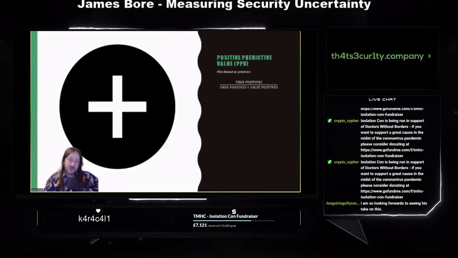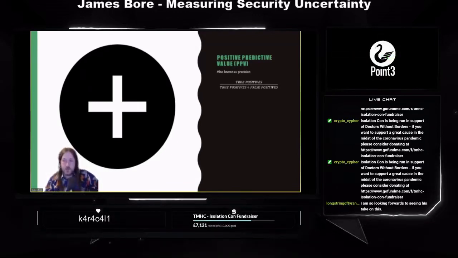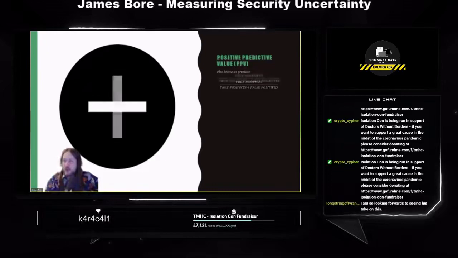However, if you had a system which had a perfect negative predictive value, so NPV of 1, you would be able to say that anything the system does not find, you can ignore. If you find a system like that, whether it's a vulnerability scanner, a pen testing company, threat modeling approach, anything, please tell me about it, because I've yet to find one, mainly because that would be a perfect system.